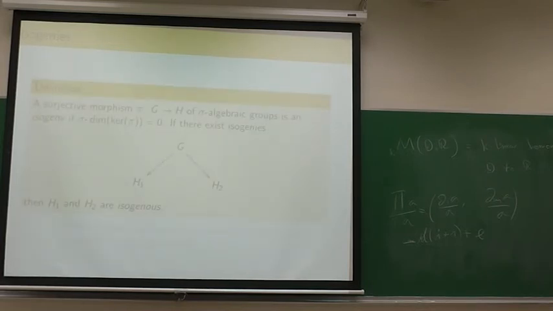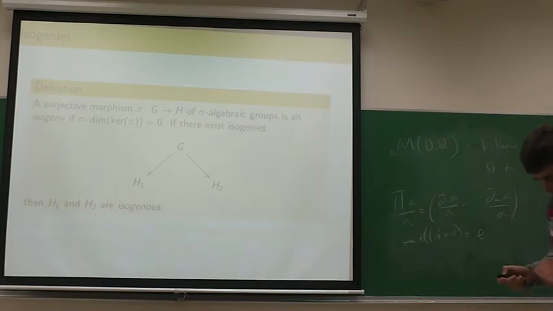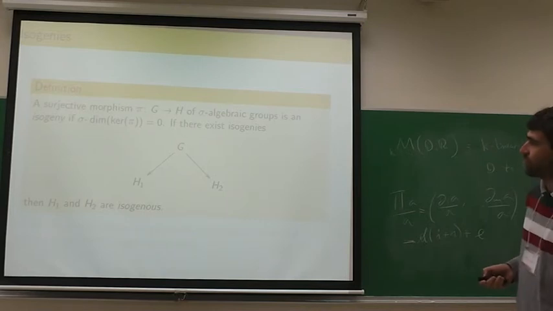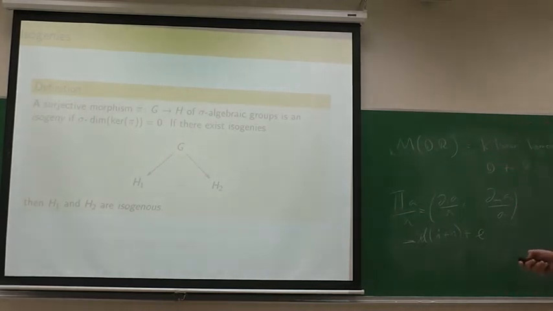One more definition before we can come to the formulation of the Jordan-Hölder theorem. A surjective morphism of difference algebraic groups is called an isogeny if the difference dimension of the kernel is 0, and two difference algebraic groups are called isogenous if you have this kind of isogenies.